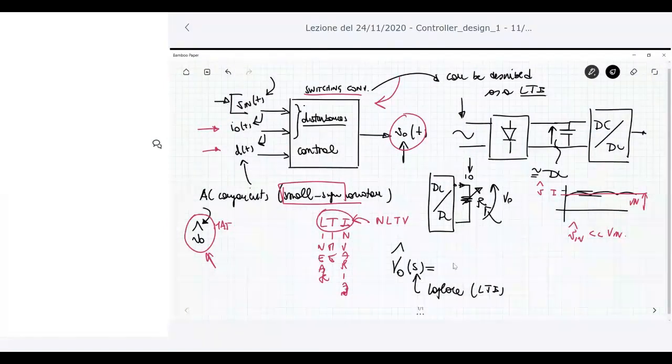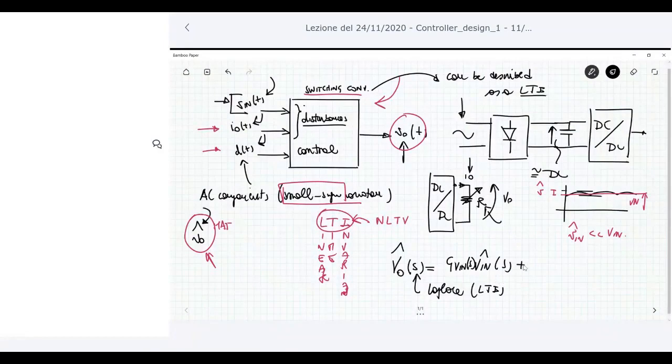So the input voltage variation induces variation in the output voltage through a specific GV-in, which is a transfer function. It's the transfer function between the variation of the input voltage and the variation of the output voltage.